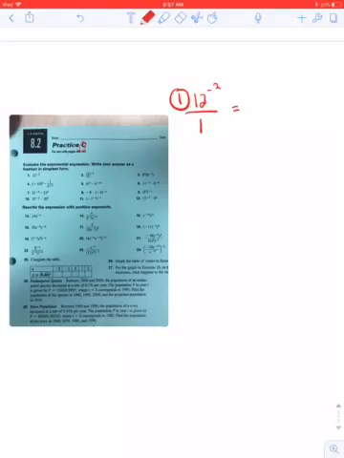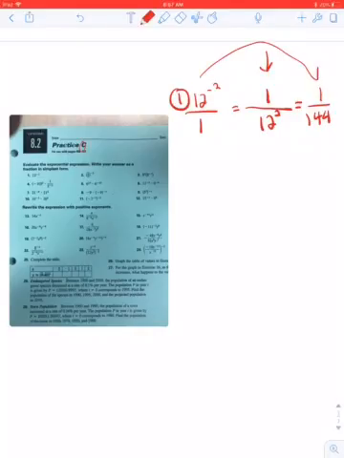And all our rule does is tell us that it needs to switch to the bottom and become positive, and it's 1 over 12 to the 2. Now the rule is, can you leave it like this? I probably wouldn't count it wrong, but if this multiplies out to something smaller than 1,000, you do it. So 12 to the negative 2 is just a fancy way of writing 1 over 144.